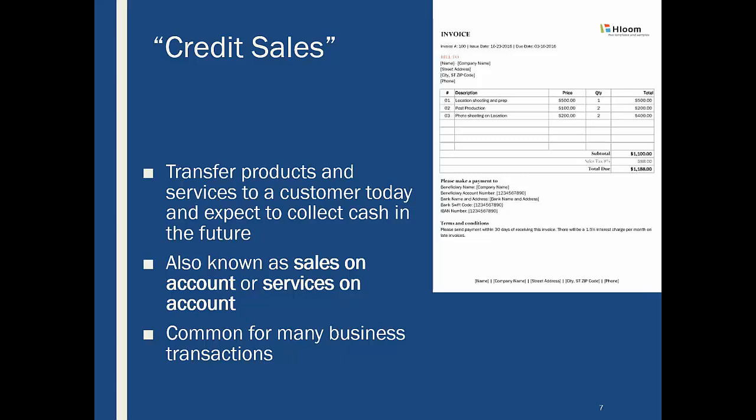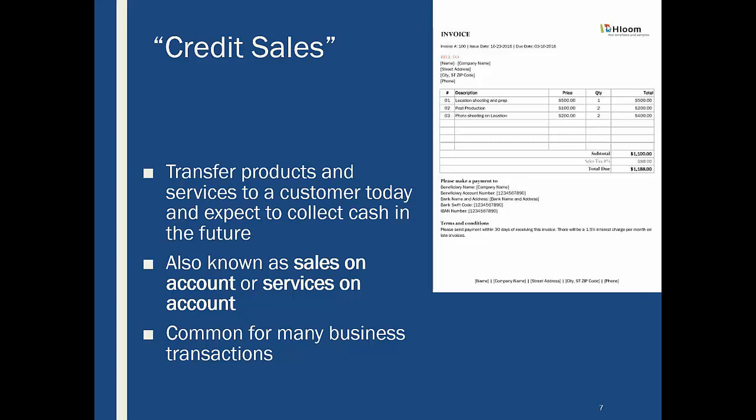Sometimes we even call these trade sales because we're extending credit to a customer that's not on a credit card. We just offer them this as a courtesy so that they can buy the goods, but then they pay us later and we bill them later. So you and I normally are on a cash basis, but when it comes to companies, this is sometimes how they do this. Okay.